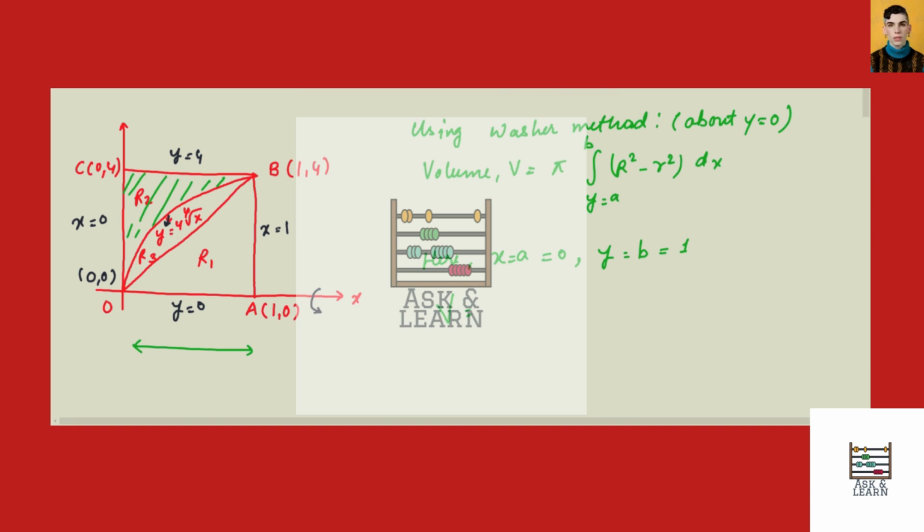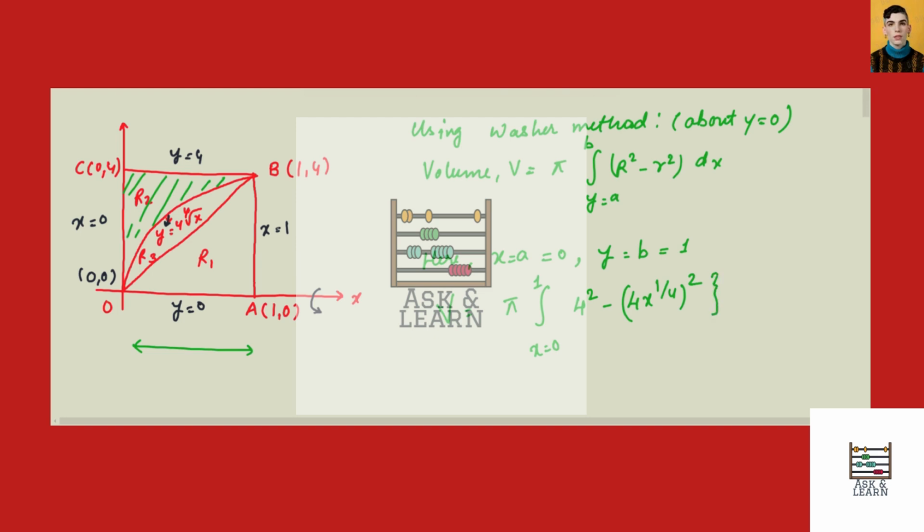So we will write here pi, integral from x equals 0 to 1, of 4 square minus (4x to the power 1 by 4) square. The whole area up to y equals 4 is covered.